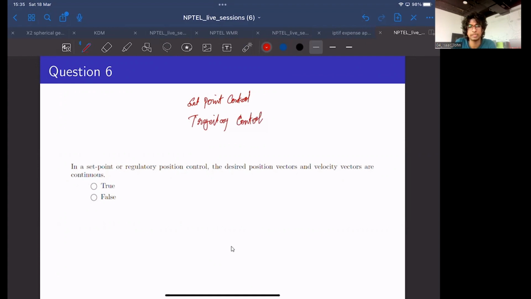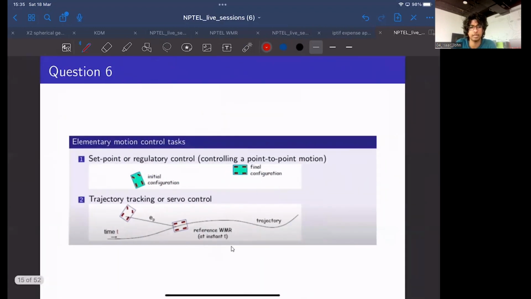Right. So the definition is fairly self-explanatory, if I recall from the lectures. Set point control basically deals with point-to-point motion. It does not deal with how you reach from one point to the final point. The only thing that matters is the initial configuration and the final configuration.